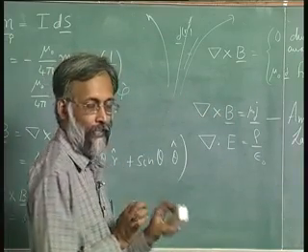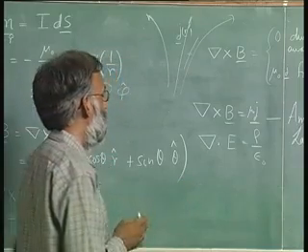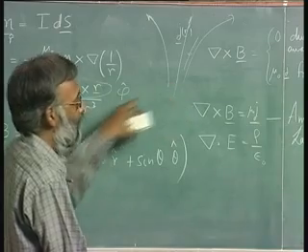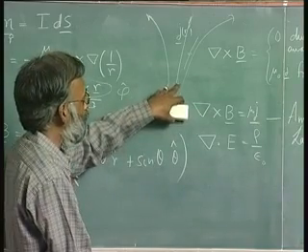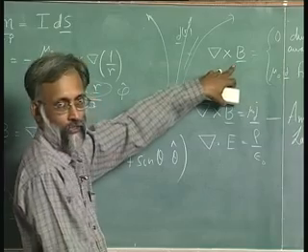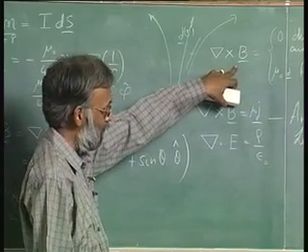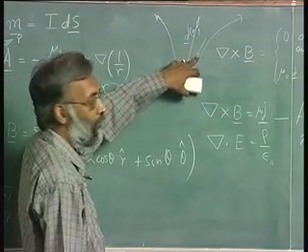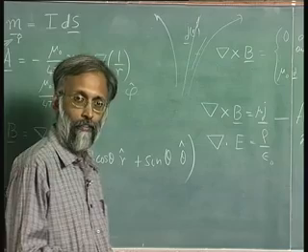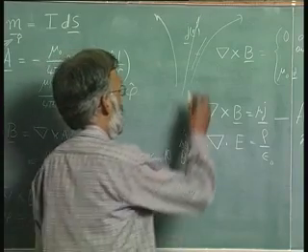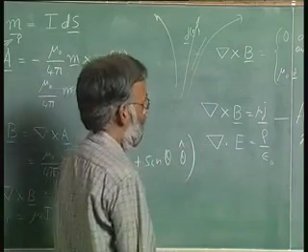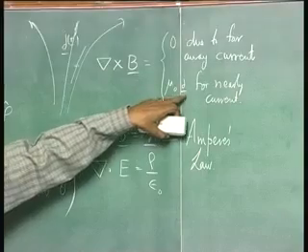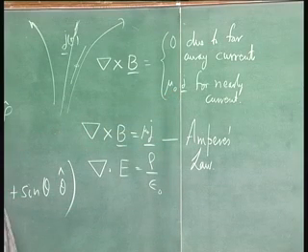The only satisfactory explanation that I have been able to find is that you can always build up any current distribution due to loops, and we have seen that infinitesimal loops have 0 curl far away. So, if there is a curl of B present, it must be due to loops very close by, and if you are talking about loops very close by, then we have a separate result which says that loop integral of B dot dl is equal to enclosed current.